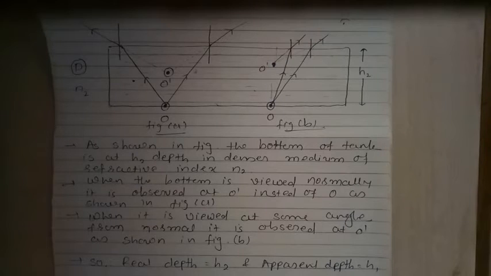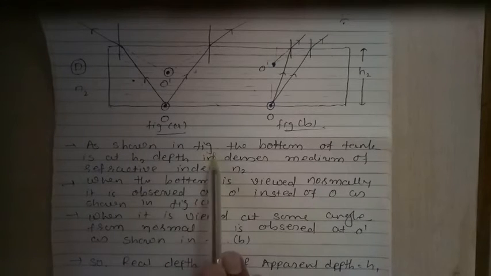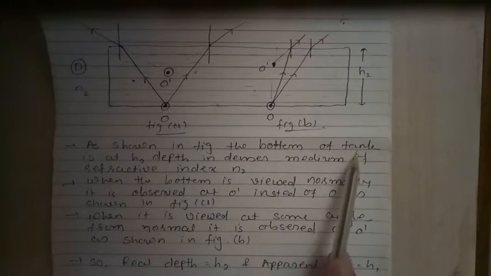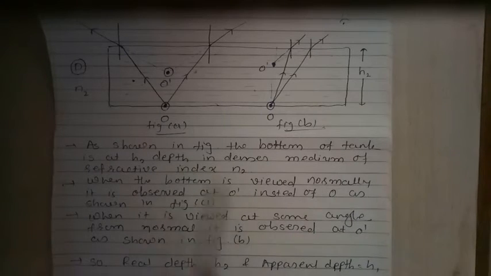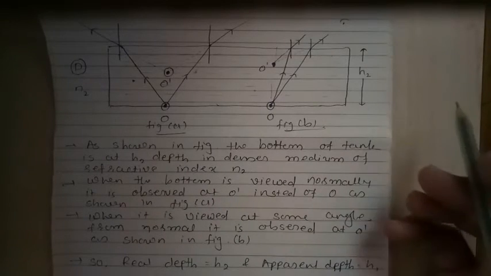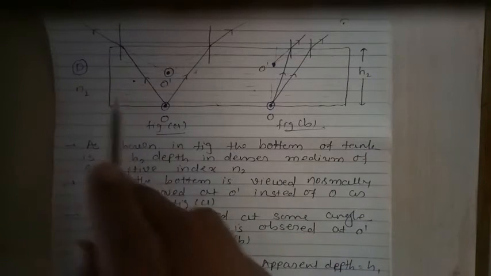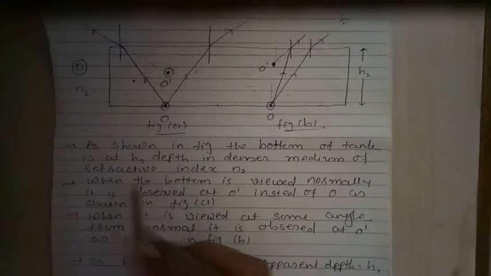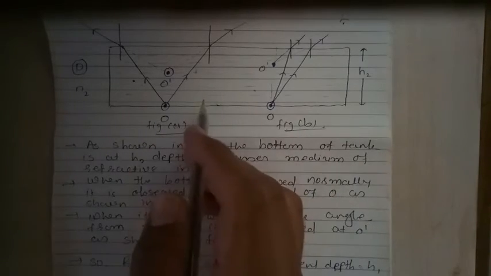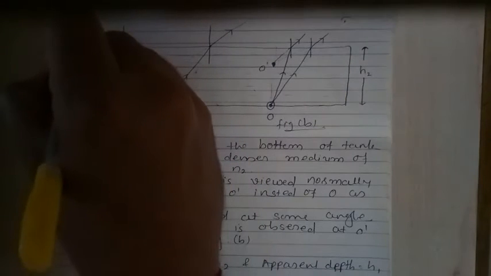So we can write that in the figure, the bottom of the tank is at H2 depth. Here you can see this is the denser medium, having refractive index N2. Here this is the rarer medium, air, and its refractive index is N1, right?